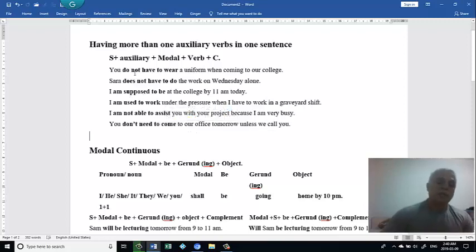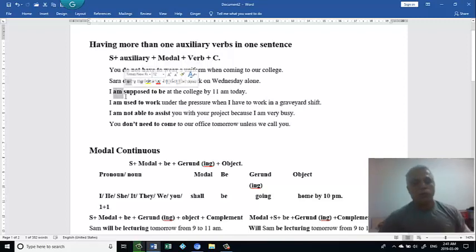If we look at all of these sentences, we have an auxiliary verb, then we have a modal. The modal is a part of auxiliary. If we look here, we have the verb to be or be verb, and also we have "supposed to" as a modal.